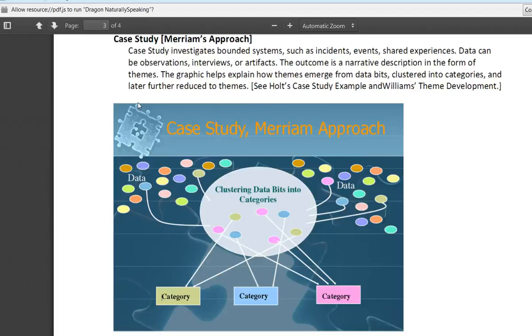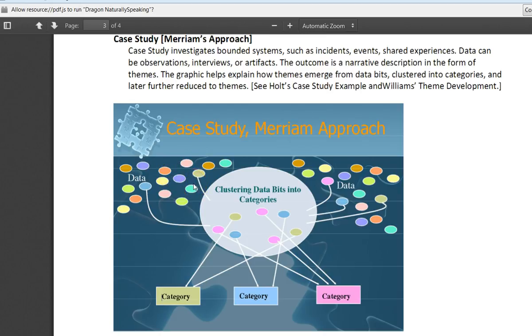If that were our phenomenon, then we would interview people, and that's one way of collecting data. Another way might be journals of those people, or records of bringing people to the ER, or various kinds of other artifacts. So those become the data bits.